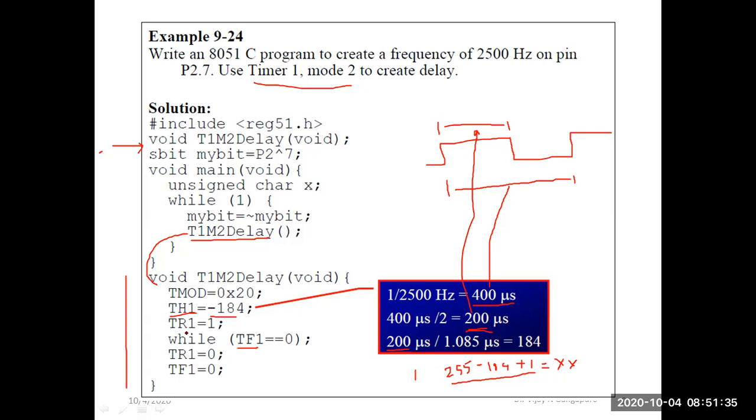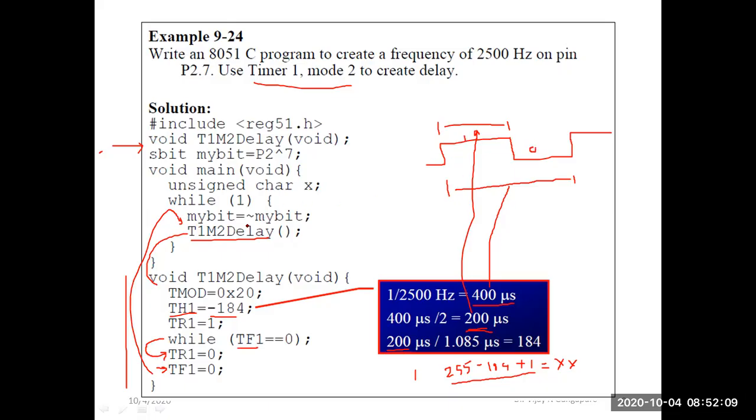When we start that timer, from that initial value the count in TL1 will start incrementing. When that count rolls over from all ones to all zeros, that is FF to 00, the TF1 flag bit will get set. Then we come out of the loop, stop timer 1, and clear the TF1 flag bit, and again go back to my bit equal to inversion of my bit: if it was 1, we make it 0.